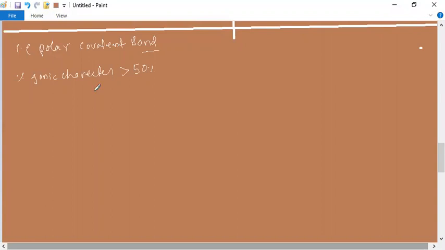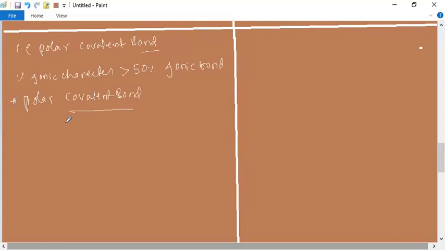Now take the polar covalent bond extension. Only in a polar covalent bond will you get the dipole moment concept. In a polar covalent bond, the electronegativity difference between two elements is not equal to 0, and the ionic character is between 15 to 50%.